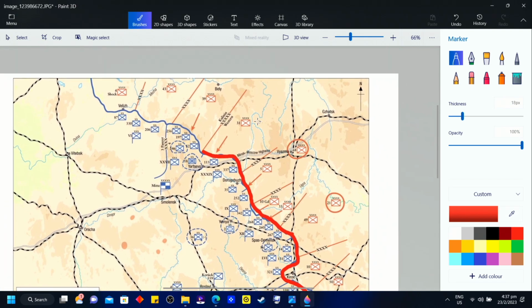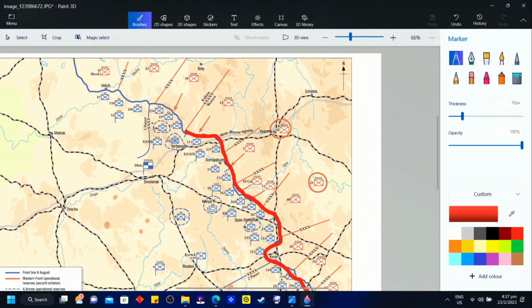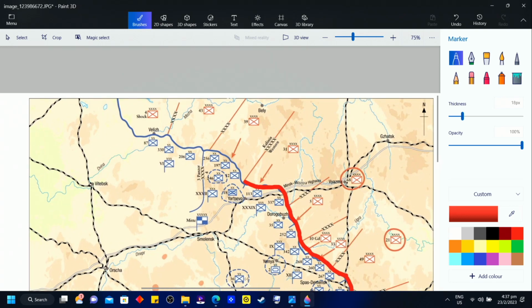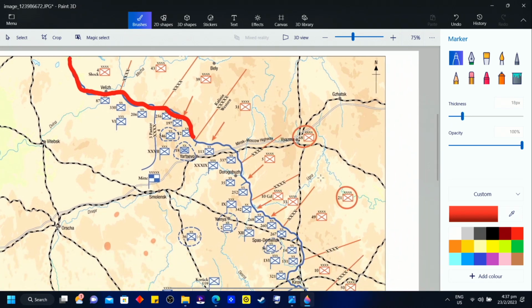The Western Front will be the main assault group, and the Kalinin Front is here. The Kalinin Front will provide the northern assault on Smolensk, as the supporting group, while the Western Front will be the main group.